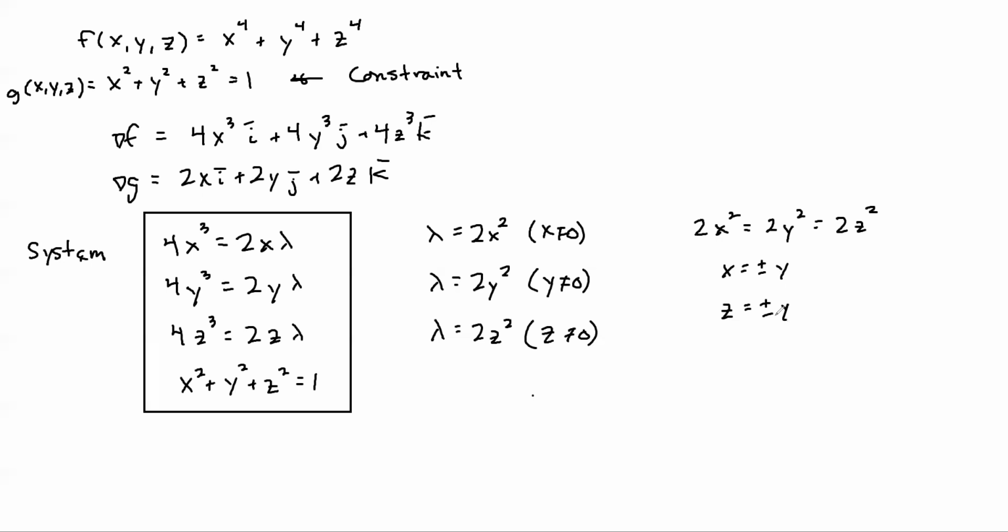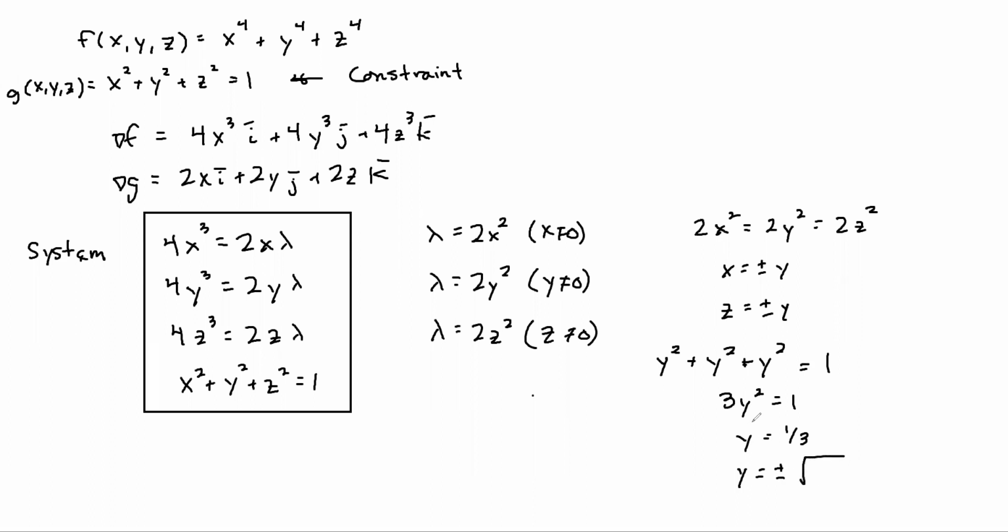Once you've got x is plus or minus y and z is plus or minus y, you can pop them into the third equation, and you're going to get y squared plus y squared plus y squared equals 1.